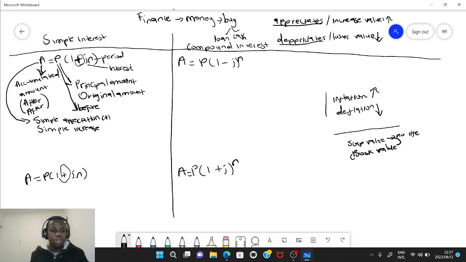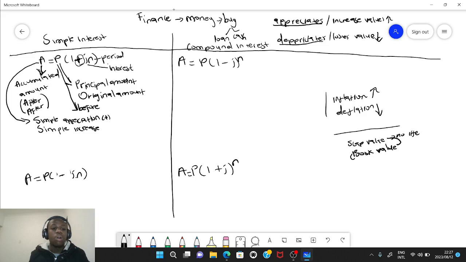Now, I want you to note, students, please be with me on this one. Why am I saying we have to have a positive sign here? Because we are dealing with an increase in value. Because of the positive sign on my equation, I will have a simple appreciation.